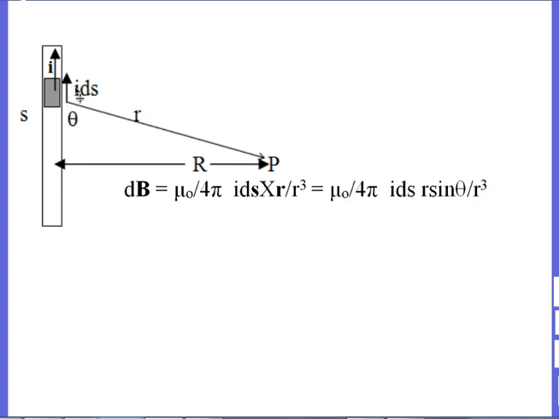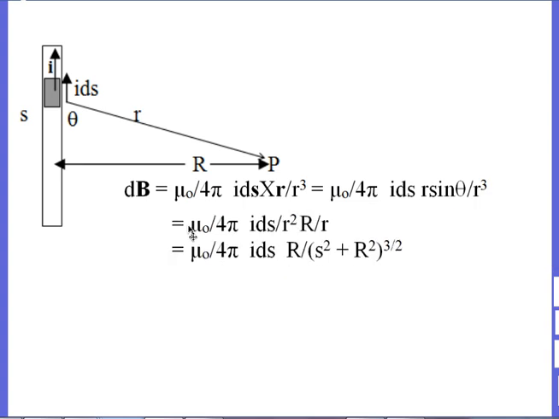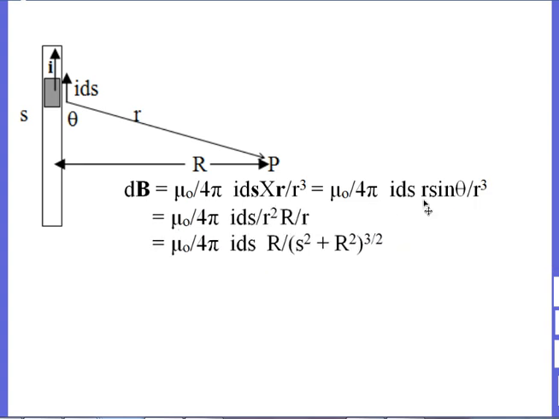So properly the angle should be this angle up here, but the sine of this angle up here is identical to the sine of this angle down here. That's a little more convenient for me to work with. And then I'll simplify this a little bit. The sine of theta would be the opposite over the hypotenuse.